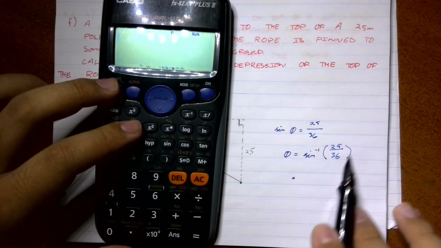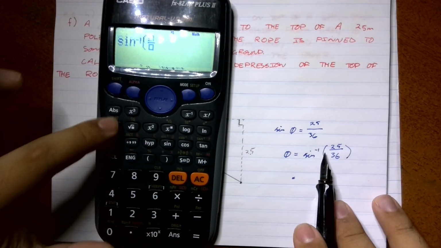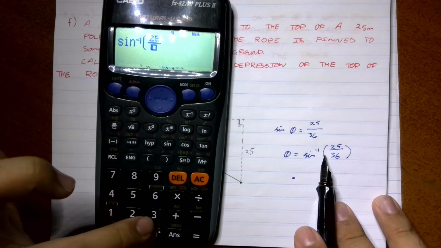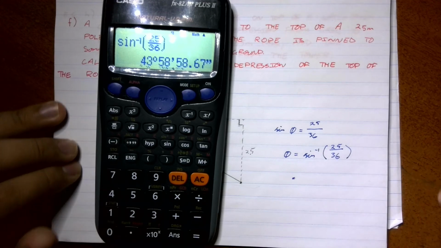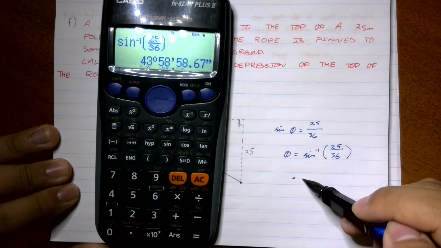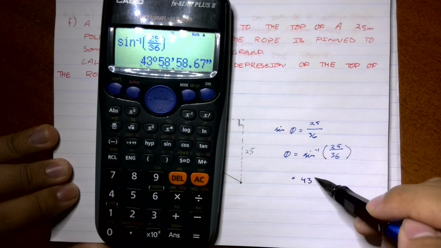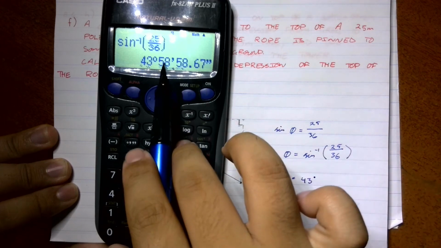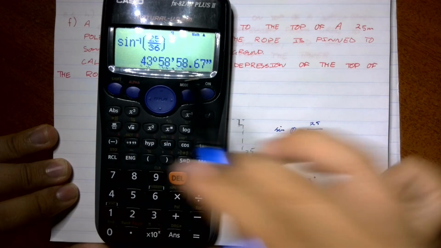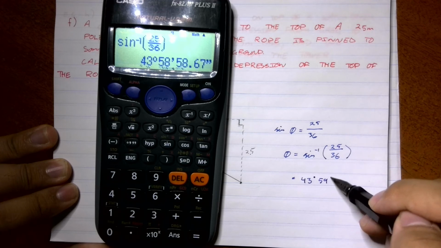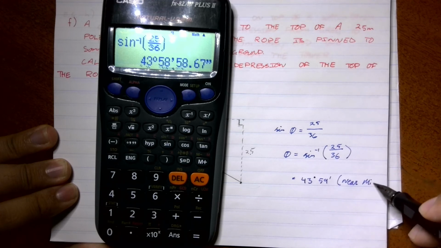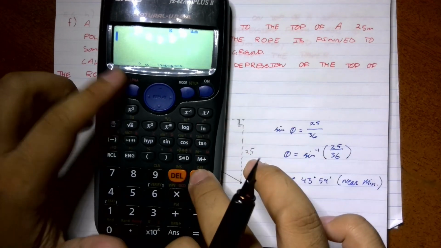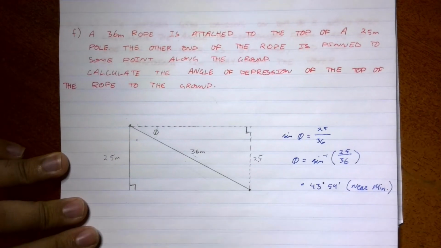Inputting this here, shift sine 25 over 36, to the nearest minute, it's going to give us 43 degrees 59 minutes, because it's going to round up. That is to the nearest minute.